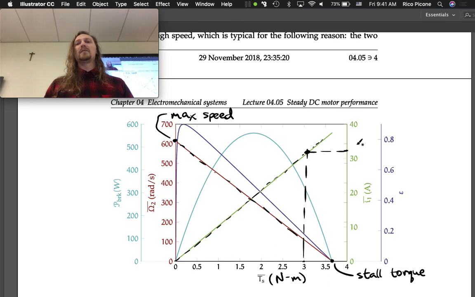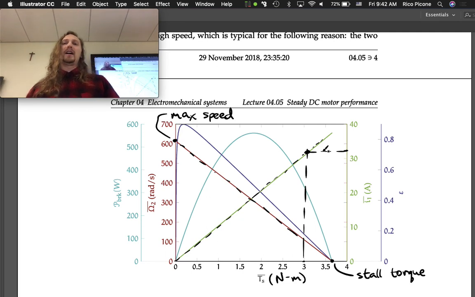Like for this motor, it was in the 30s of amps for max, but only for bursts. If you want to do continuous, like this test kind of assumes you can do, you have to be much lower than that. But that's the trade-off, though. If you're going to have this much torque delivered to the load, then you're going to have a lot of current. So that's that.